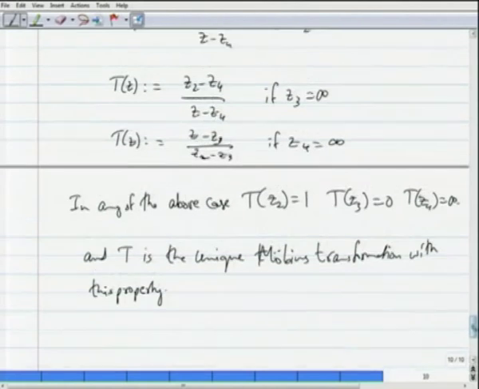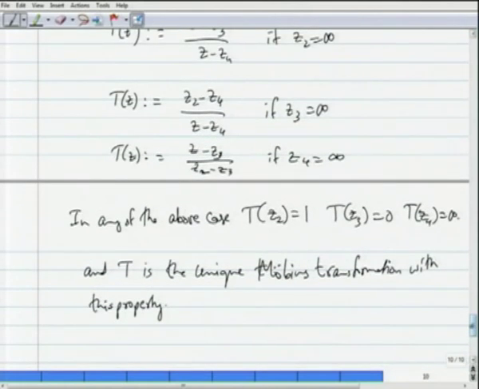From what we have said above, if there is any other Mobius transformation which sends Z2 to 1 and Z3 to 0 and Z4 to infinity, given 3 fixed points Z2, Z3, Z4, then it has to equal T. Okay. So, by that property T is the unique Mobius transformation.